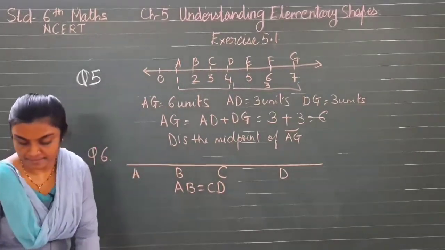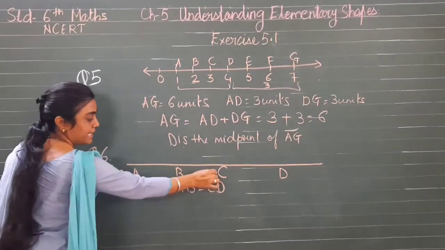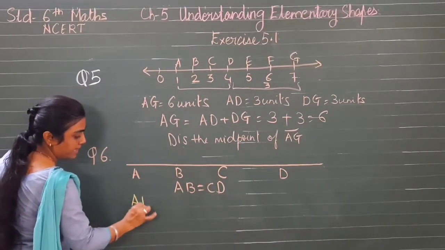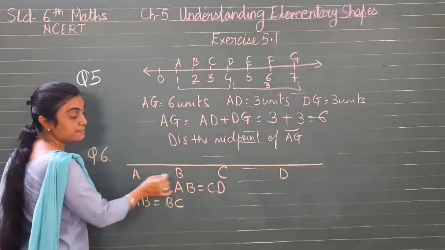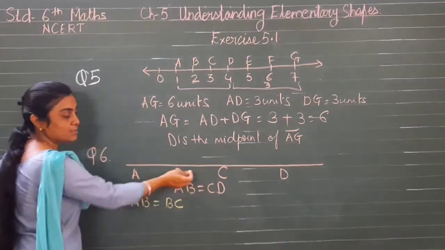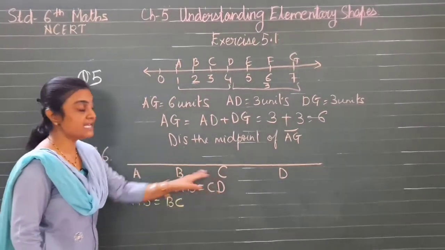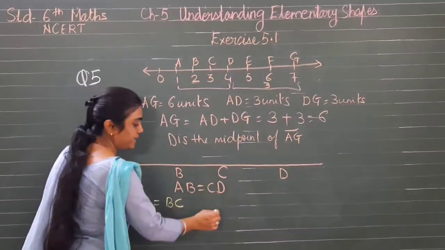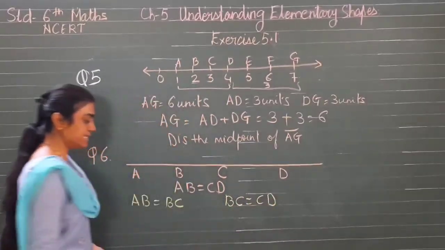Now let us see. B is the midpoint of AC, therefore AB is equal to BC, because a midpoint divides line segment AC into 2 equal parts. Again it is given C is the midpoint of BD, therefore we can say BC is equal to CD.